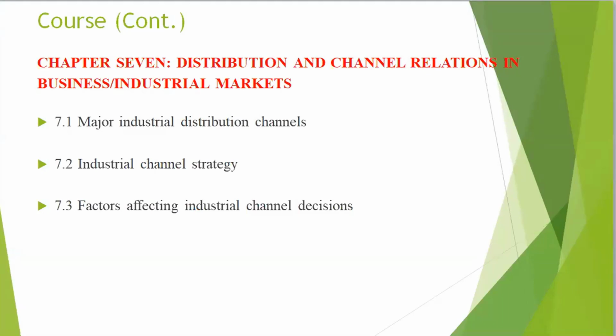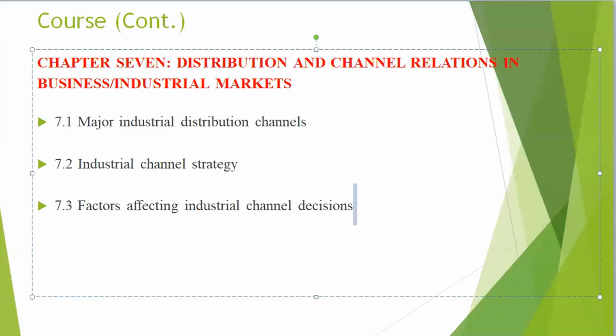So in this case, we'll see a major industrial distribution channel: direct, indirect. Within indirect, we'll see producer, retailer and industrial buyer relationship, the three.